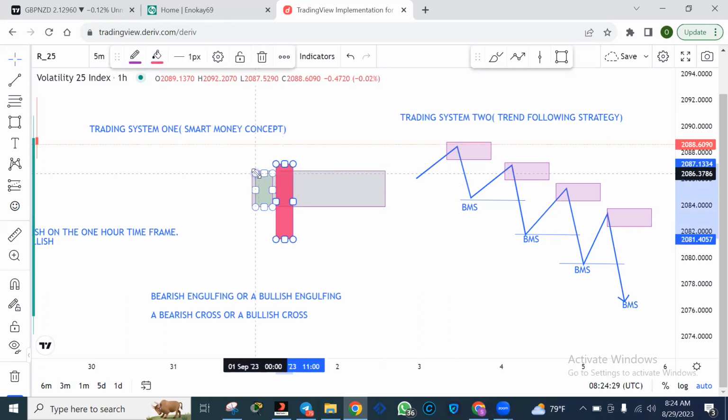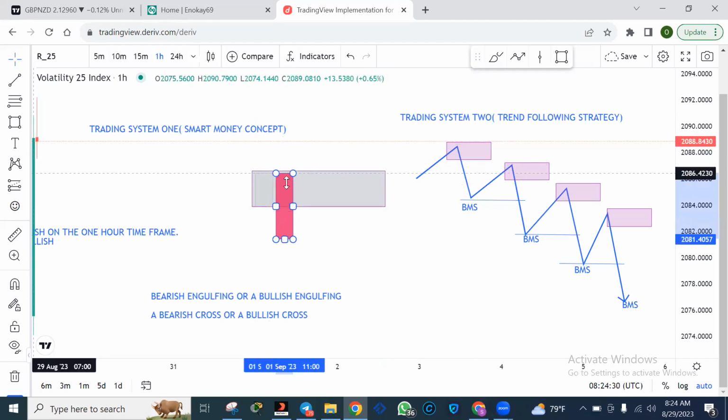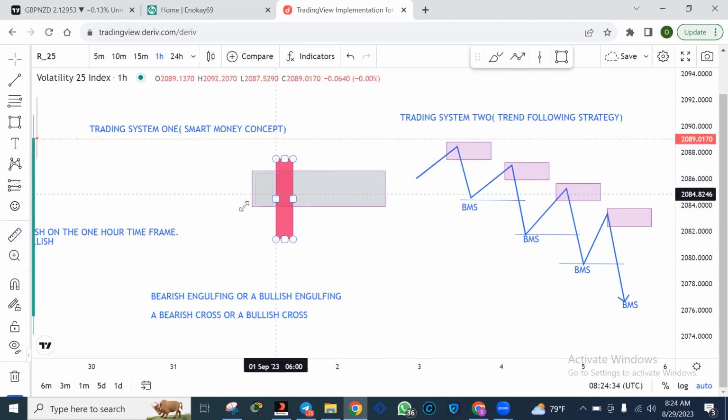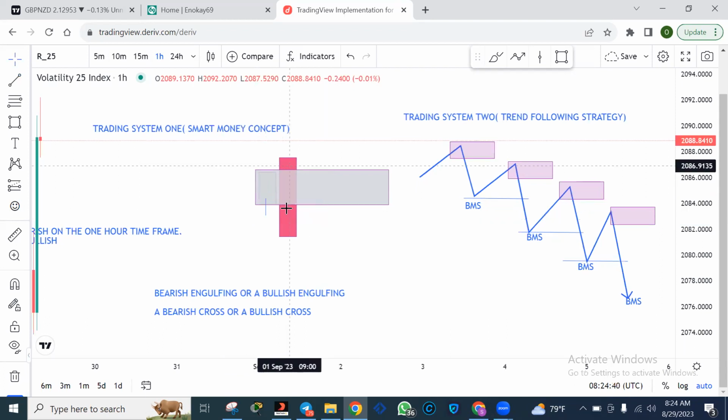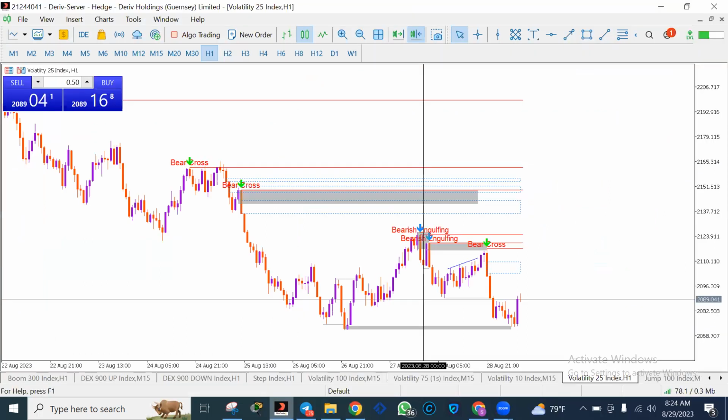It can either cover the previous one. In some cases, it doesn't. In other cases, it does. As long as the body closes below the candle wick, you have a bearish engulfing, but you don't need to stress about what it looks like.